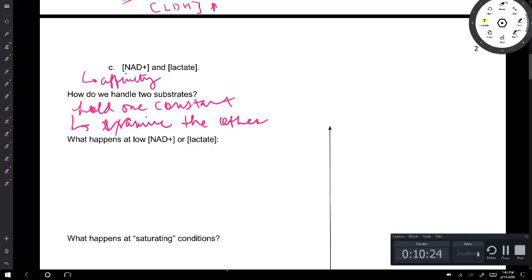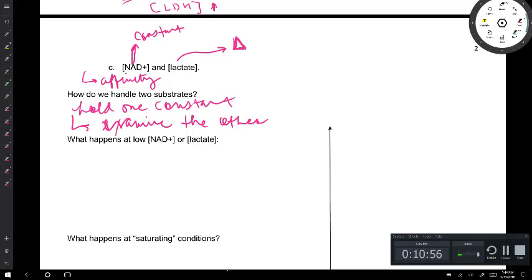In this case, our NAD+ concentration is going to be constant throughout the lab. However, what's going to change is our concentration of lactate. By varying the concentration of lactate, we can determine the affinity of LDH for lactate as well as the maximum velocity of the reaction.